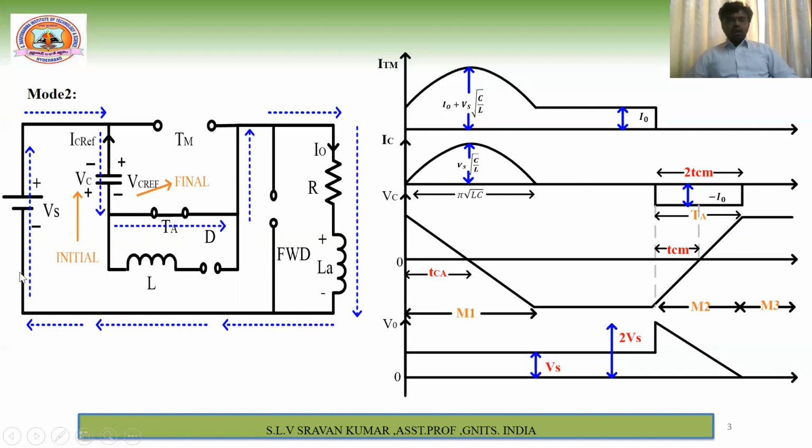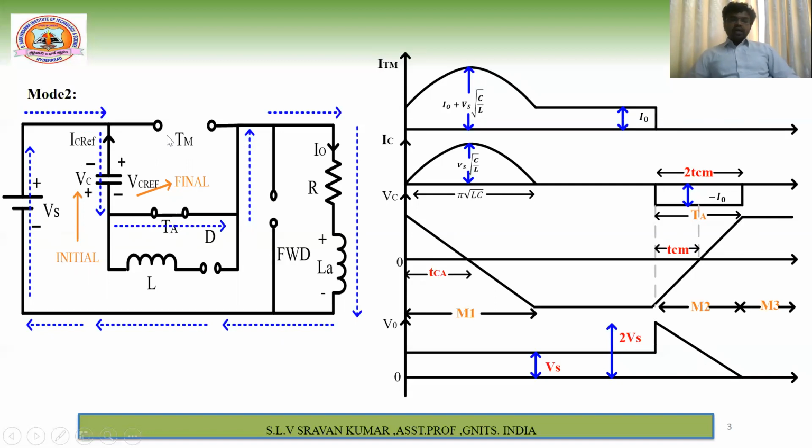After some time, the capacitor voltage will reach a positive voltage like this. See this one, the capacitor voltage will reach this one. Understand what I'm saying? Coming to this waveform, at the instant of mode 2, when I give the triggering pulse to this one, a sharp rise in current will flow, and immediately the SCR will turn off.